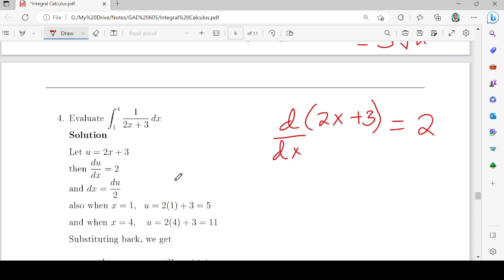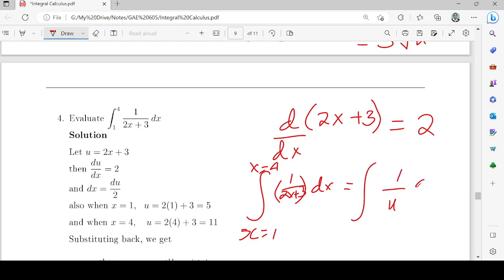Now, when we are substituting back here, notice that in this integral, we have the limits for x: x is 1 to x is equal to 4. Then we have the function, and we integrate with respect to x. So if we substitute back, we'll have 1 over u du over 2.